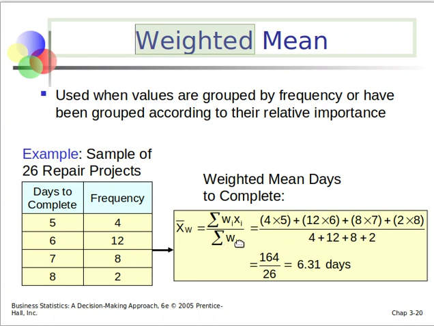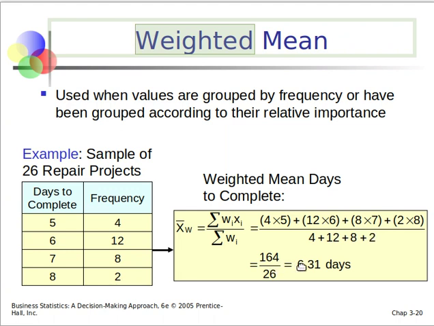projects, which is 4 plus 12, plus 8, and plus 2. Then reduce to lowest terms. The numerator equals 164, and the denominator is 26.